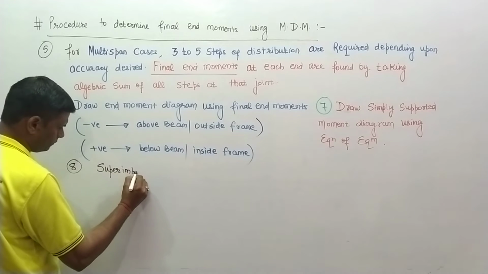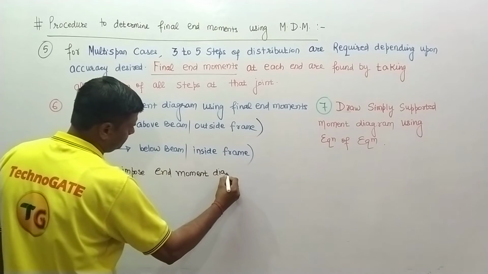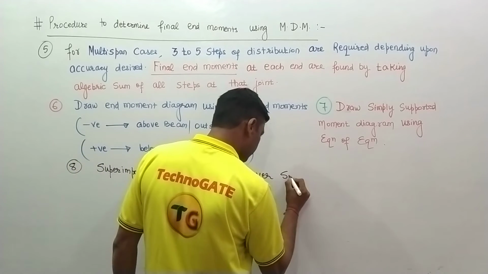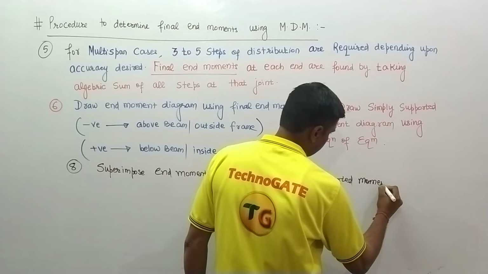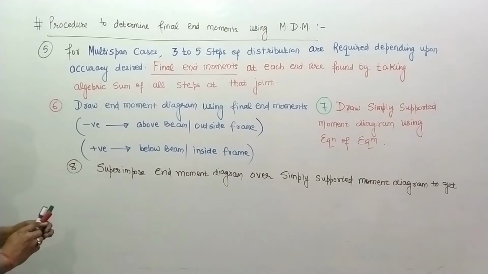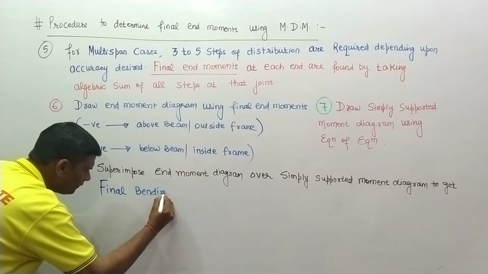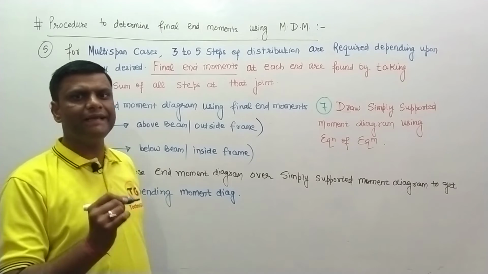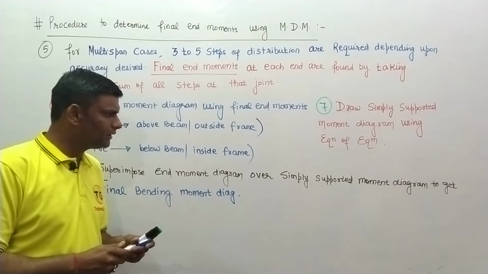This is a moment diagram in which common area is being neglected and the individual area is being considered.